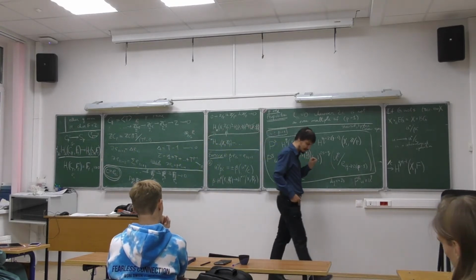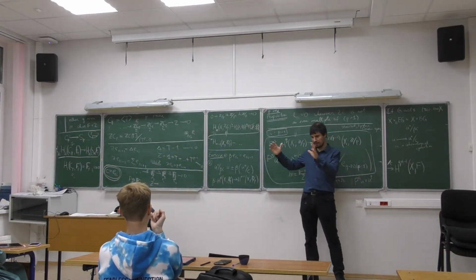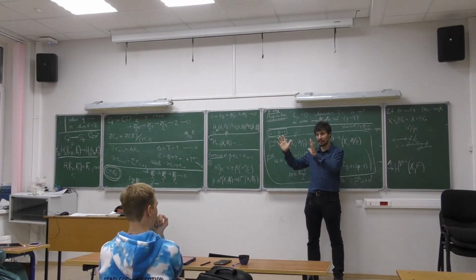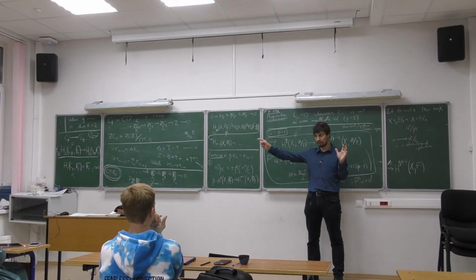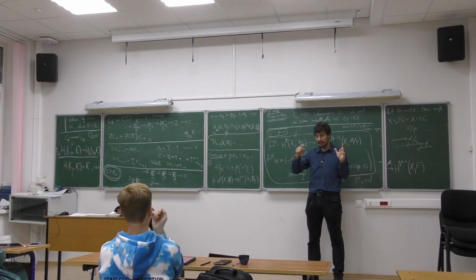Suppose for a moment that we have a group and a normal subgroup. Then this group acts by conjugation on this normal subgroup, and then it acts immediately on the homology and cohomology of this subgroup.